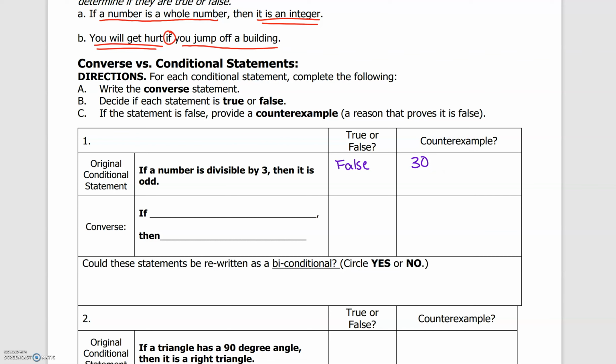So we can write a converse by switching. So we would say if a number is odd, then it is divisible by 3.